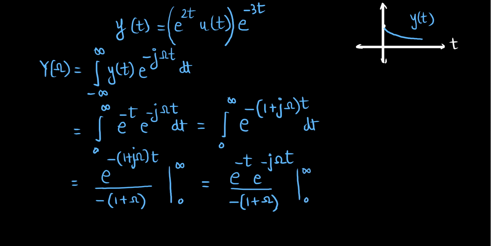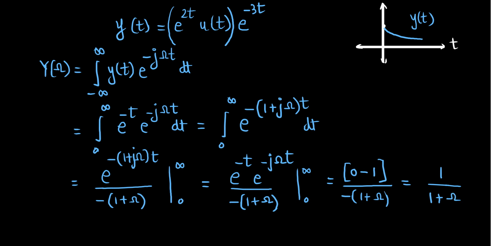And now if I substitute the limit of t, that is infinity, you may see that e power minus infinity converges, that is going to be 0. So this is equal to 0 minus, and if we substitute 0, it is going to be 1 divided by this minus (1 plus j omega), and this expression turns out to be 1 upon 1 plus j omega.